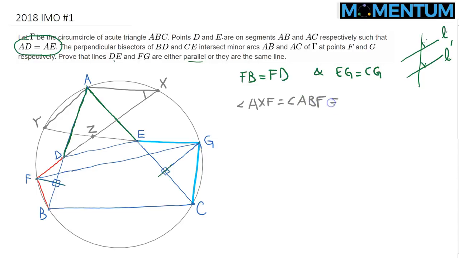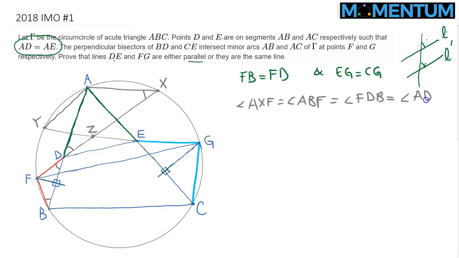But then, because triangle BFD was isosceles, ABF is equal to angle FDB. And again, by vertical angles, angle FDB is equal to angle ADX.